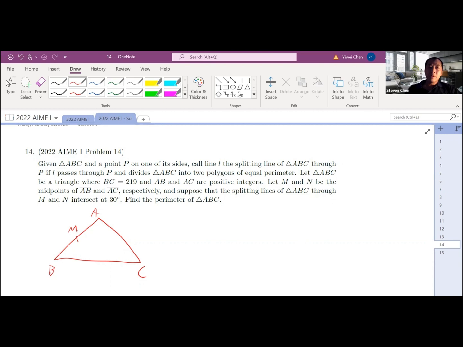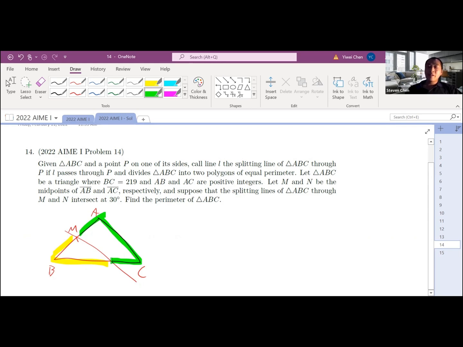So for example, suppose for illustration purposes, and also to help us build a good intuition, let's say this is the splitting line that passes through BC. So here's what we know. These are the yellow lines, and here are the green ones.